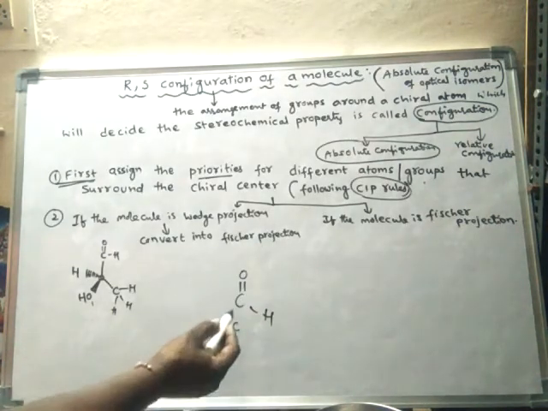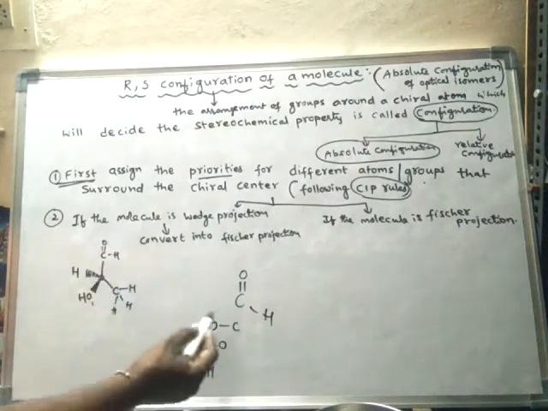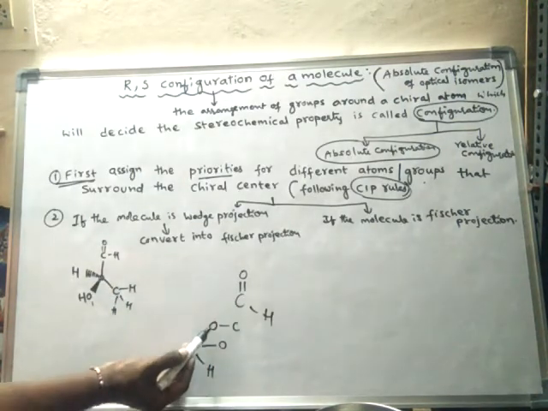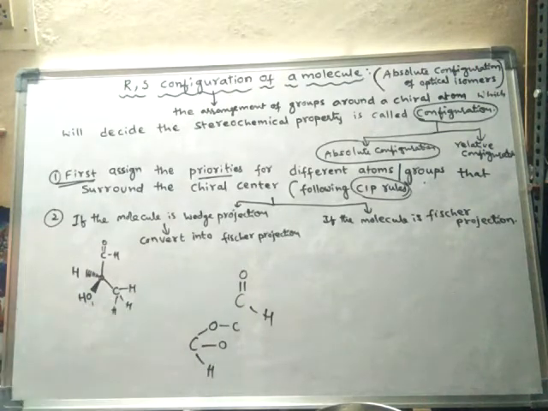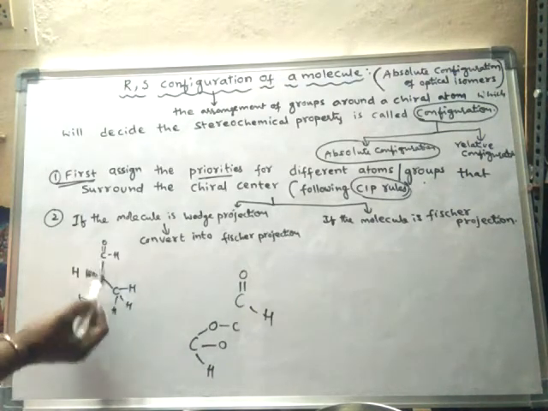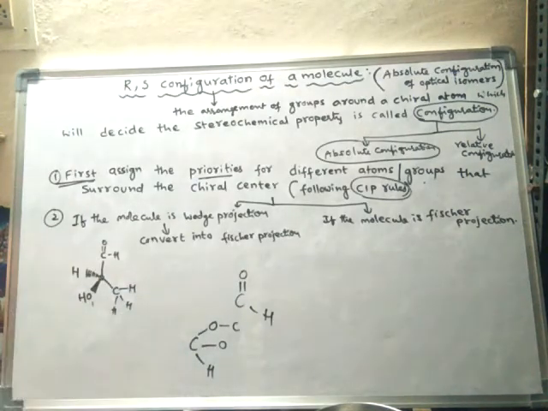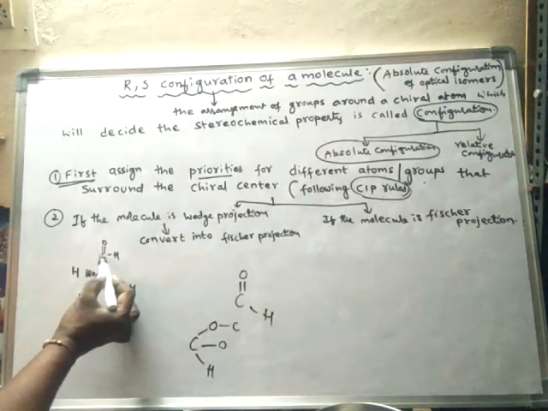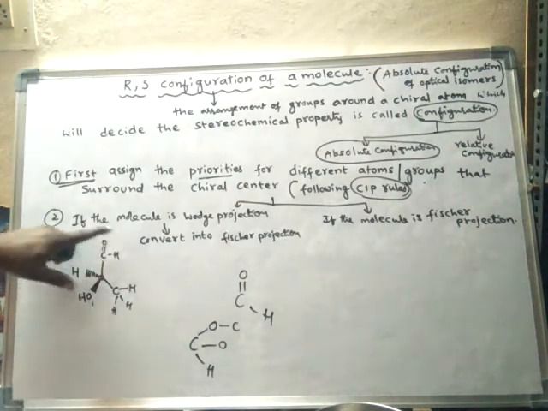Now this group is similar to this one. This carbon is attached to two oxygens and one hydrogen, whereas this carbon is attached to three hydrogens. Hence this group will get more priority.